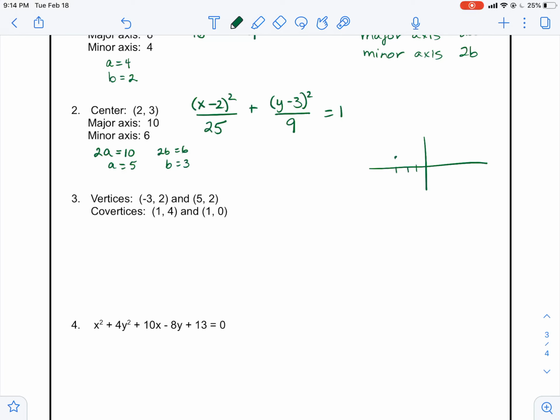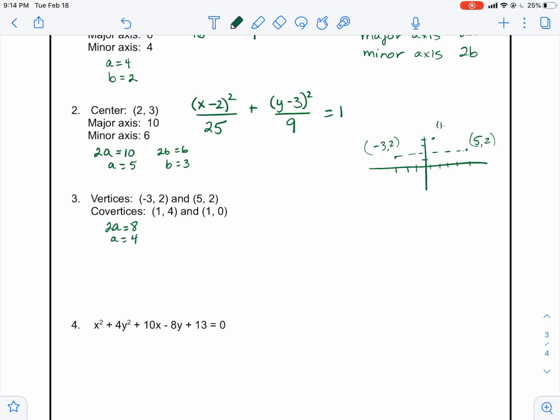Then my major axis here is going to be a length of 8. And so 2a in this case is 8, so a is going to be 4. And my co-vertices are at 1, 4.